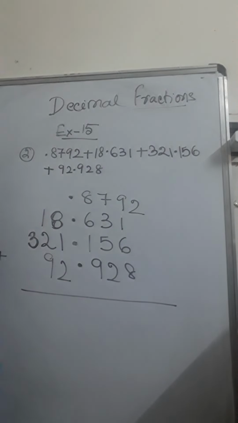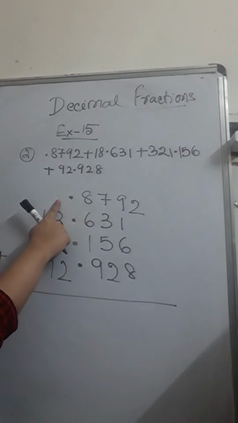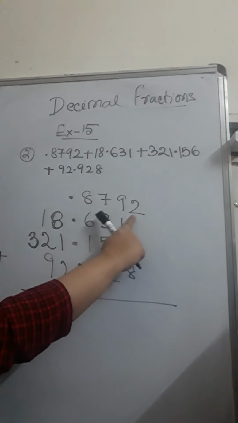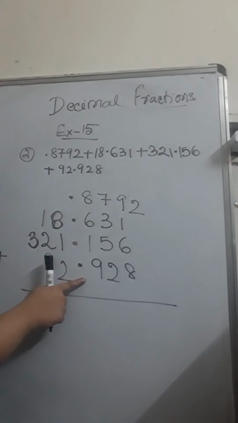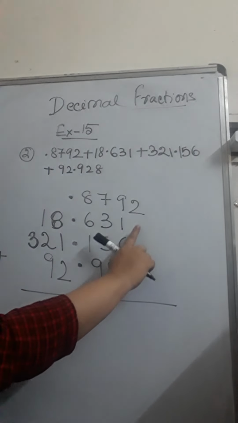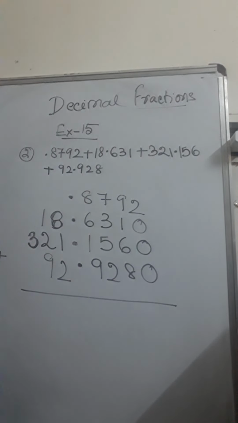Now before adding, what I said, all the vacant places fill it up with 0. So only this number has got no whole number part, but it has 4 digits in the decimal part. But check, all the other numbers have 3 digits in the decimal part. So the 4th digit will be 0 for every number. And then what we are doing, we are equalizing the place values.